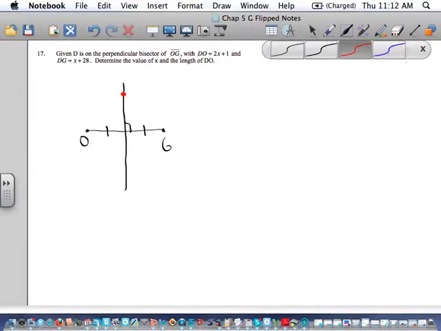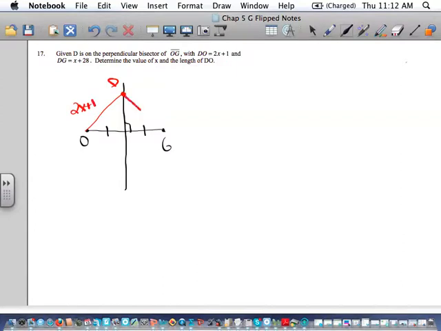And then you're given that DO is 2x plus 1, and that DG is x plus 28.